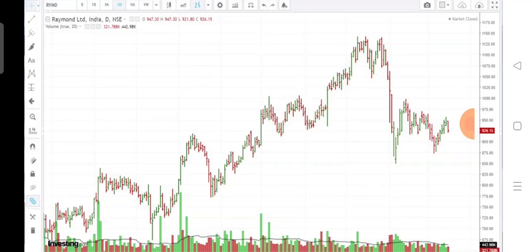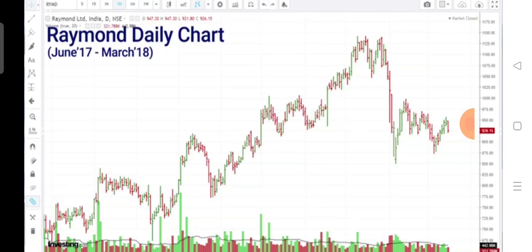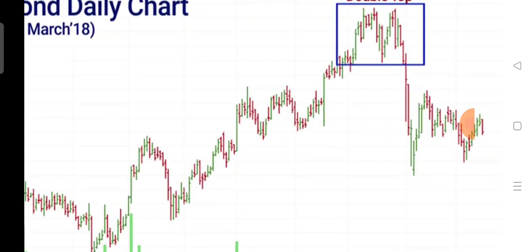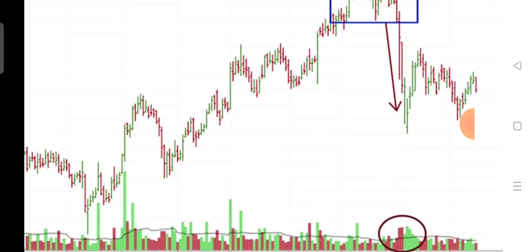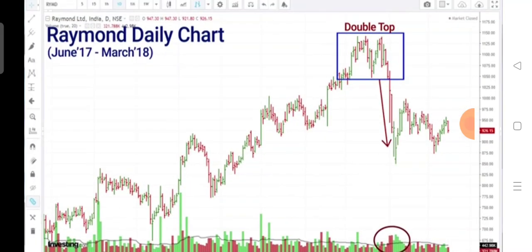Here we are looking at the Raymond daily chart, and in the Raymond daily chart, what we could see is that this beautiful double top was formed, and see, when the pattern actually broke down, we saw quite a bit of higher volume than the consolidation level.